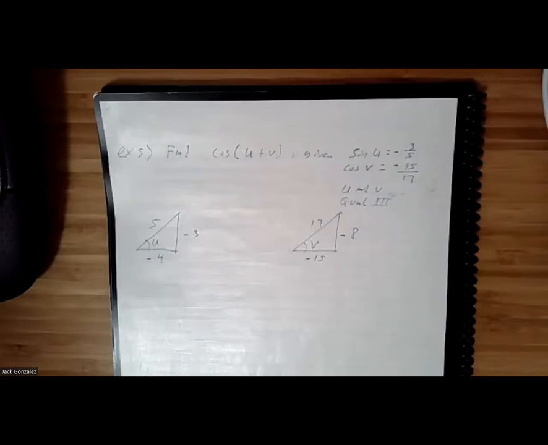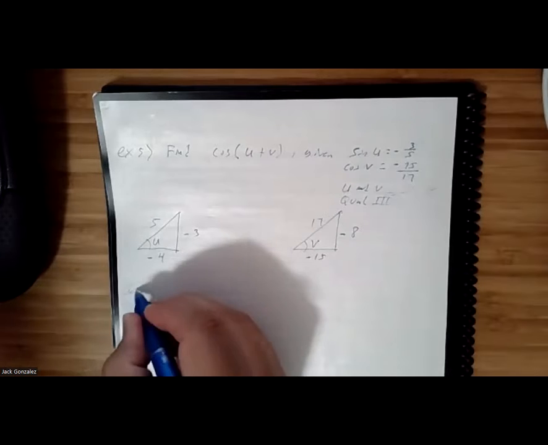So they told us to find cosine u plus v, right? They want this.